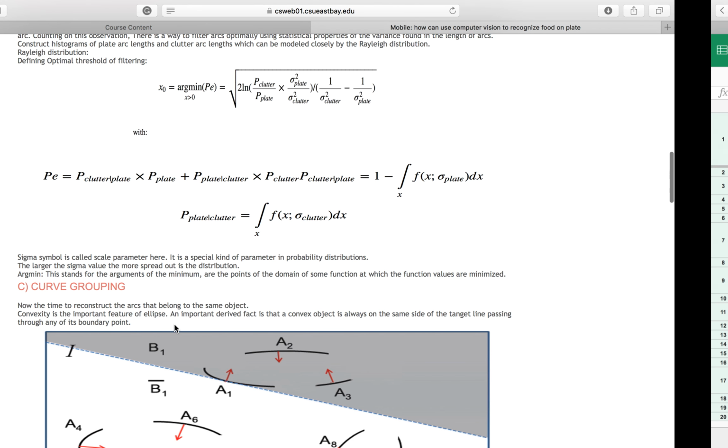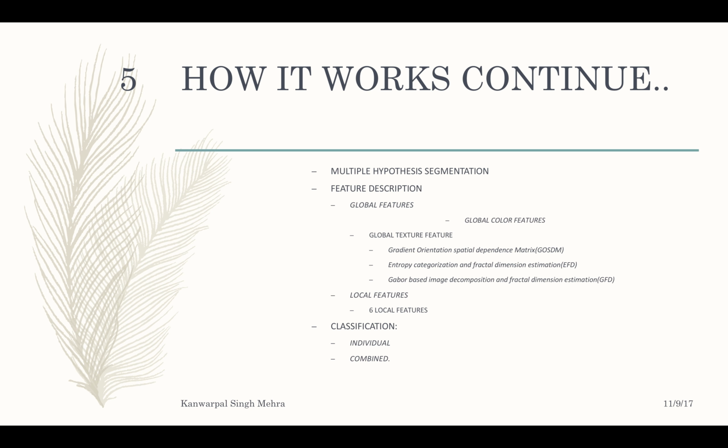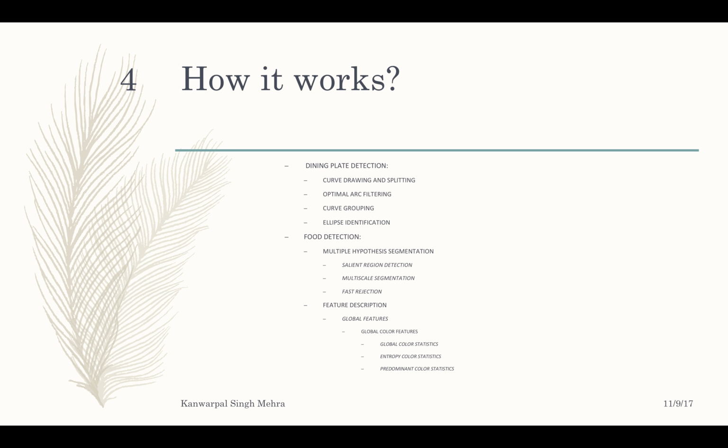The next step in food detection is the feature detection. As we talk about computer vision, how the human eyes detect some sort of objects: firstly we look at the color of the object, what color it is, and then we may judge it by its structure, its size, how it's structured.